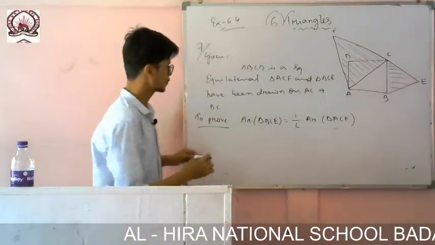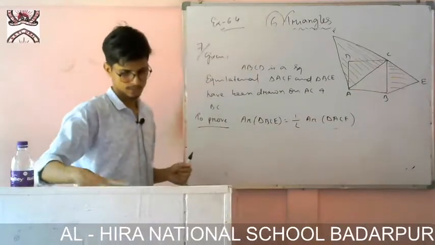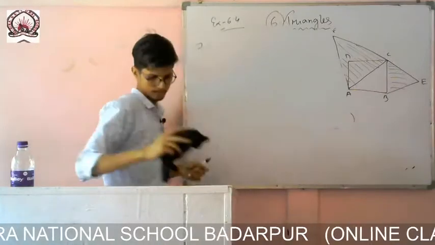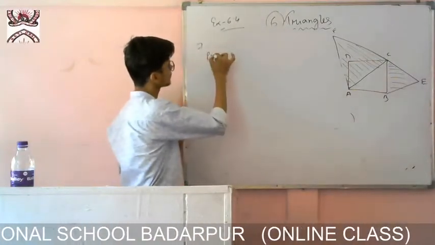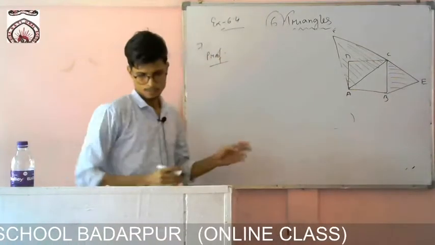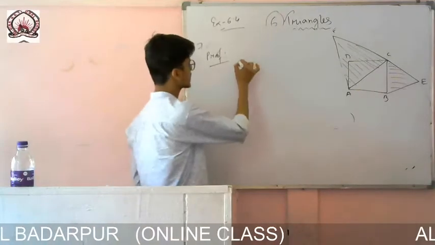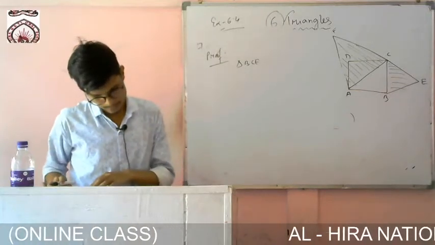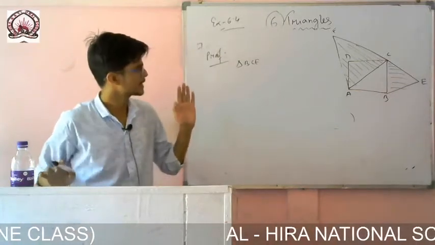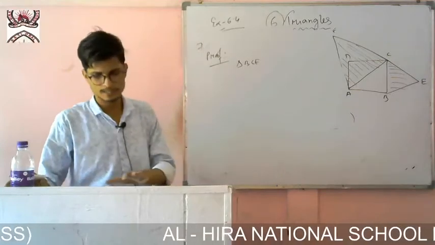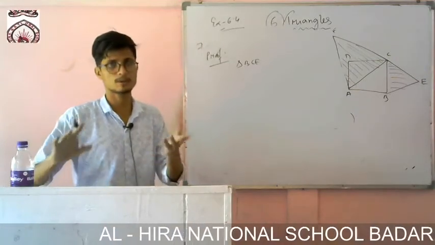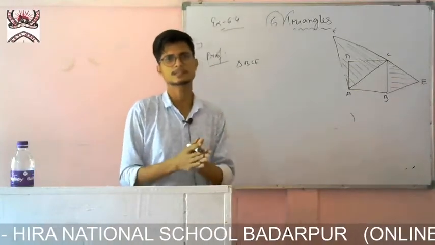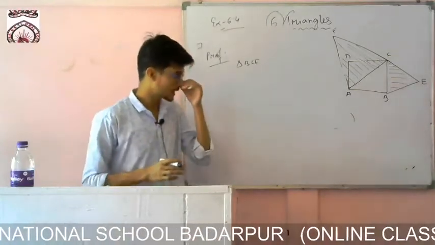Okay, so proof. I am erasing this one and starting from the proof, so that all will come on the same page. To prove this, what is given? These two triangles are similar. We know that while starting the first topic of the exercise, we discussed similarity, and we gave one example that equilateral triangles are similar.